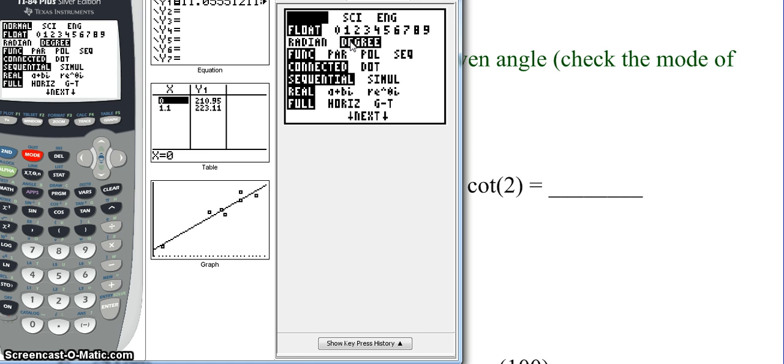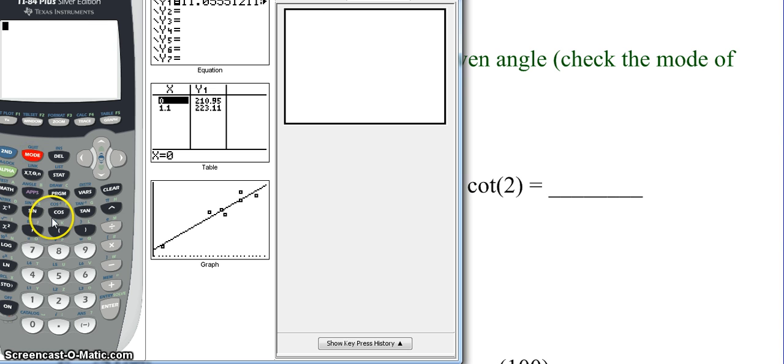Degrees is highlighted on mine, so I'm going to stick with that. Had it not been highlighted, I would arrow down here, go over to degree, and hit enter. Now I quit, and I type sine 23. Hit enter. So the sine of 23 degrees is 0.391.